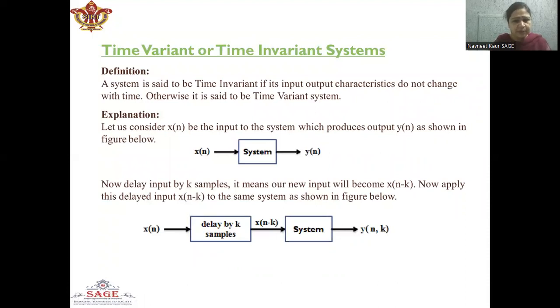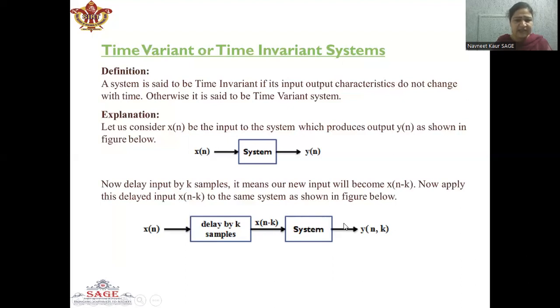Now, if the input-output characteristics of the system do not change with time, then in that case, the system is known as time invariant, and otherwise it is said to be time variant system. Now, consider a system in which input is given x(n) and output y(n) is generated. Now, if I delay x(n) by k samples, then I will get x(n-k), and then I will give it to the system.